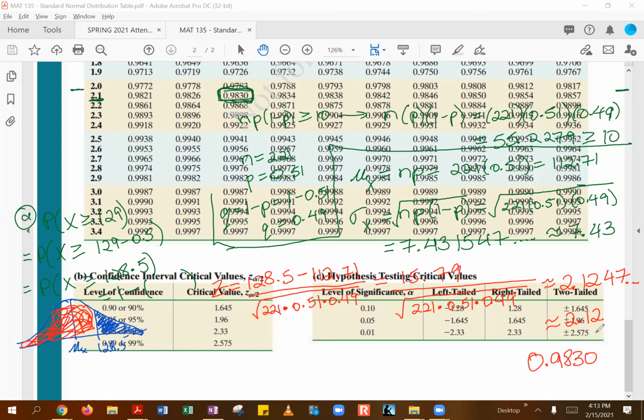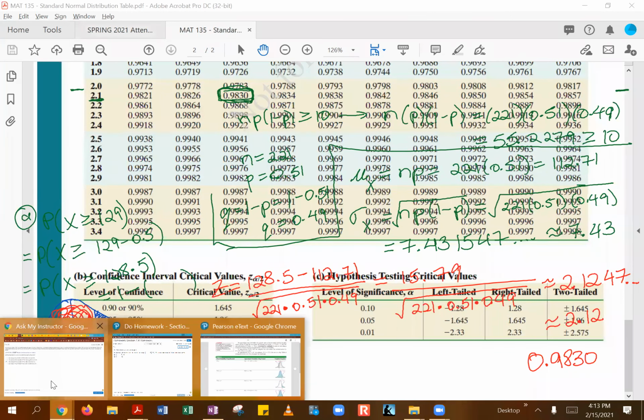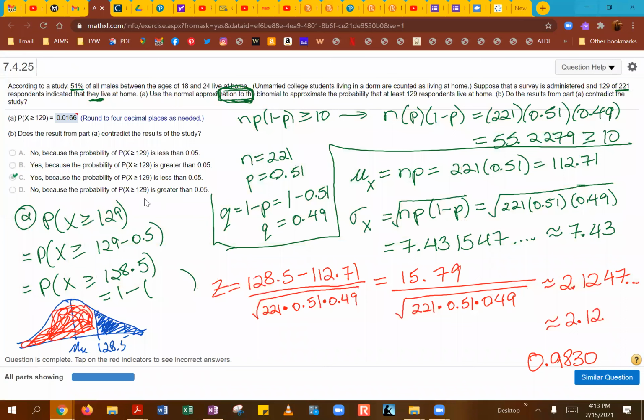Alrighty, so once we find that, we can now go ahead and bring it to our probability calculation. So let me come back to our example over here. There we go. This might be a little better to look at. Let's get rid of some of these lines here. So you found your probability.